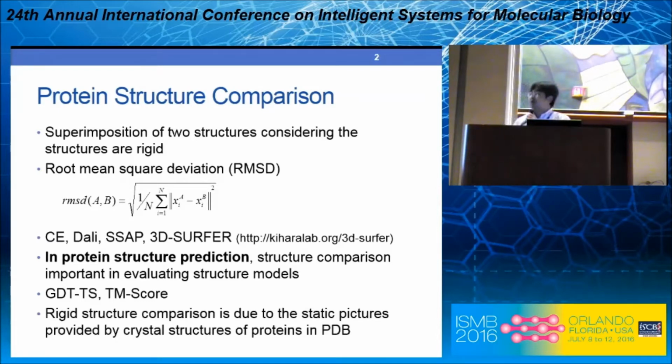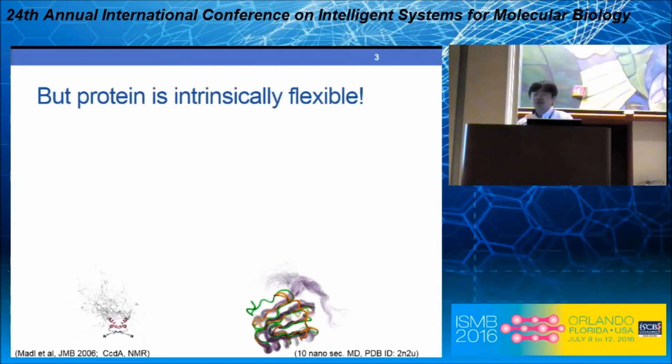But all these methods are using rigid protein structures as a reference, because PDB provides the rigid structure and it's easy to use. And we are very used to looking at the static picture of protein structures. However, as you know, proteins are flexible. Here in this picture, I'm showing how the NMR determined structure can vary.